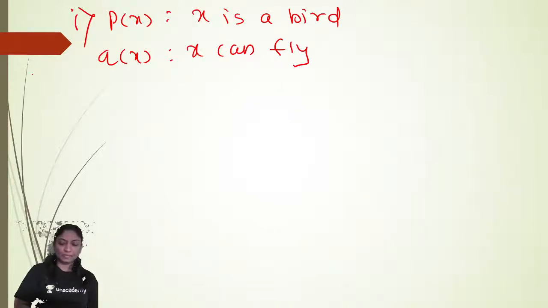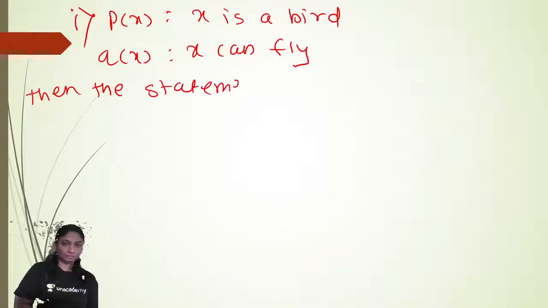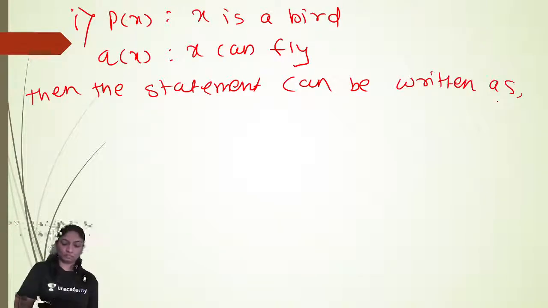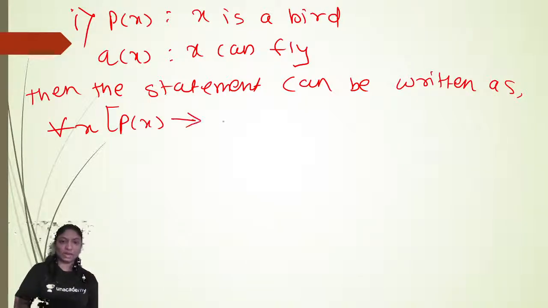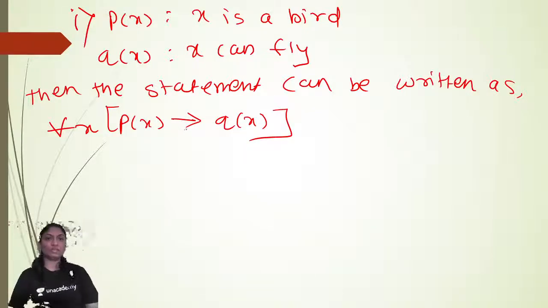Then the statement can be written as for all x, P of x implies Q of x. It means if x is a bird, then x can fly.